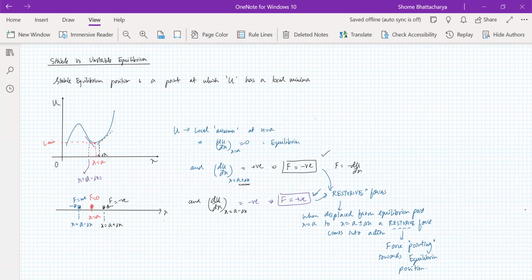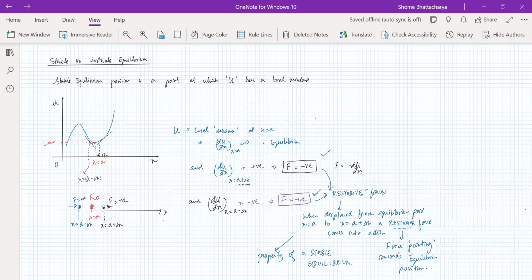So this is a property of a stable equilibrium point. When I displace the body from the equilibrium point in whichever direction, towards the right or towards the left, there should be a tendency for the force to push it back to the equilibrium point.